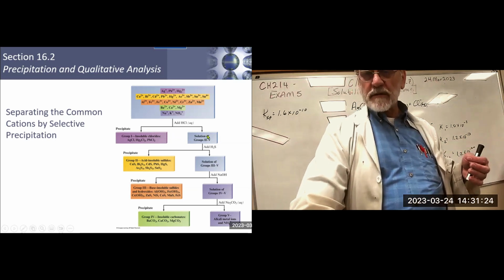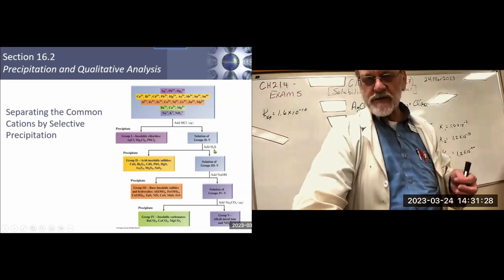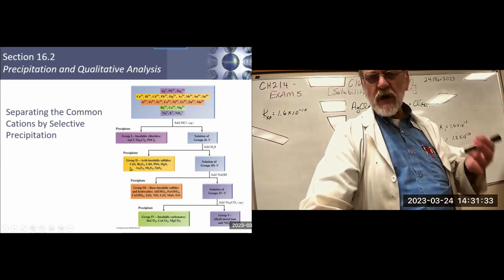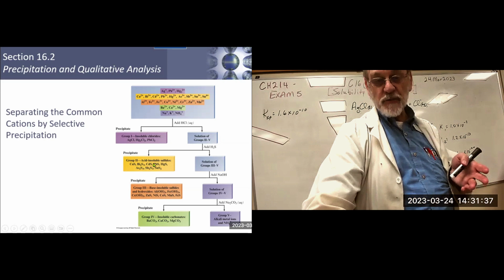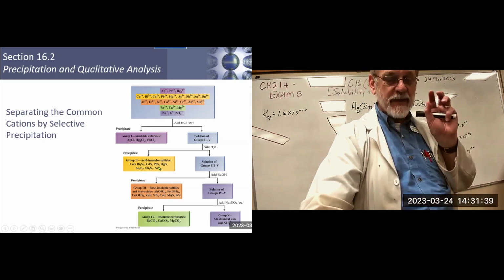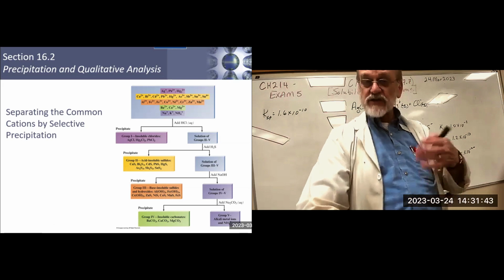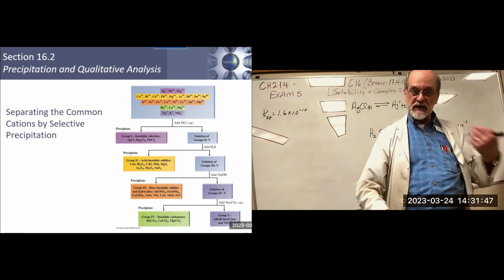The second one, with the added hydrogen sulfide, will precipitate out these. We showed you just copper and mercury 2, but these others will also precipitate with just a tiny amount of sulfide. And then each time you do this, you want to filter your solution so you can extract the precipitates.